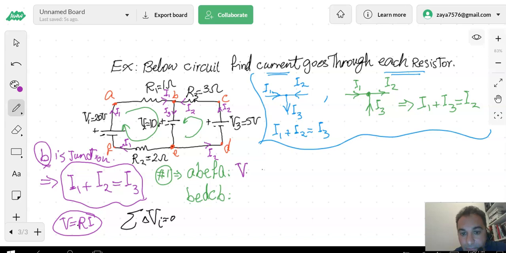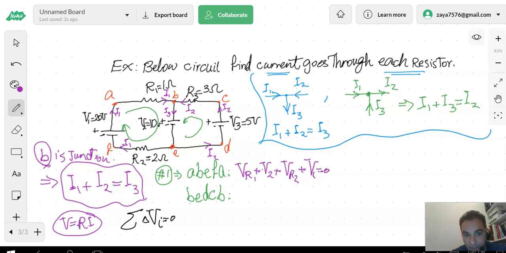Voltage of R1, plus voltage of battery, plus voltage of resistor 2, correct? Plus voltage of first battery is 0. Watch it.